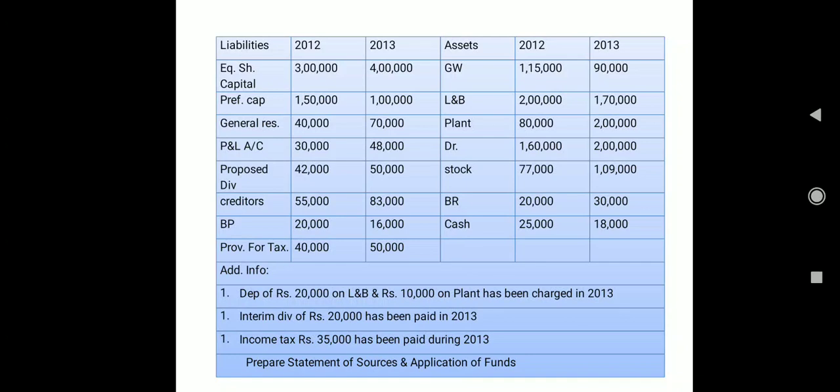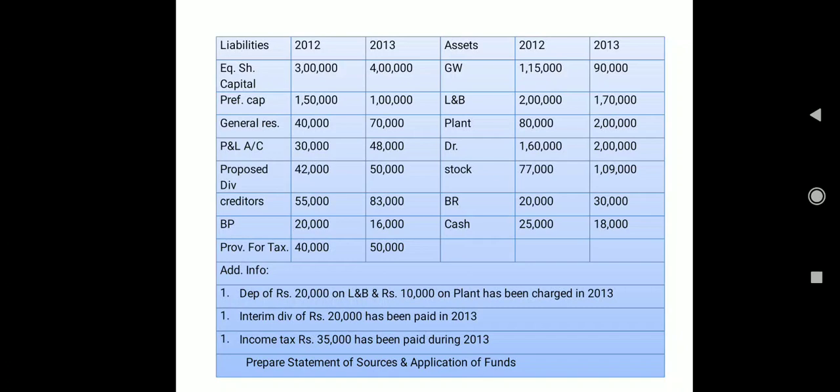Stock also the same, current asset, bills receivable also current asset, and cash also current asset. So I hope now the items within the balance sheet are clear for you. Which are the sources, which are the applications, which are the non-cash expenses or losses, or which are the non-cash income or gains. Actually we haven't got any income or gains here till now.